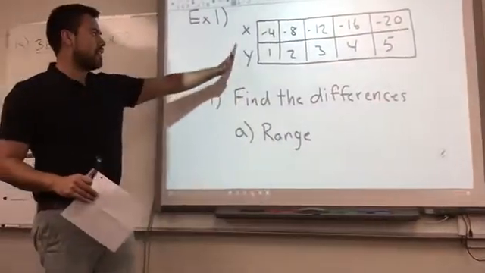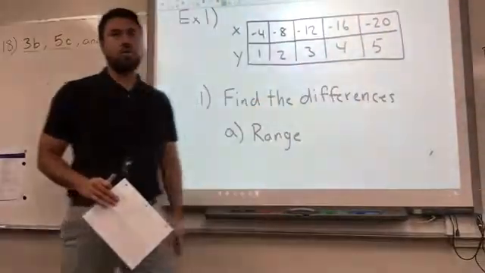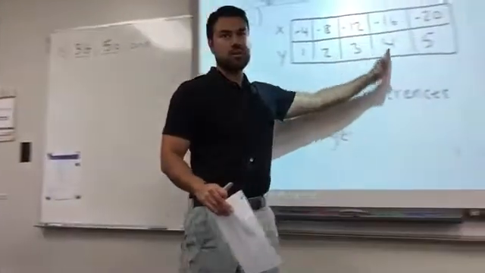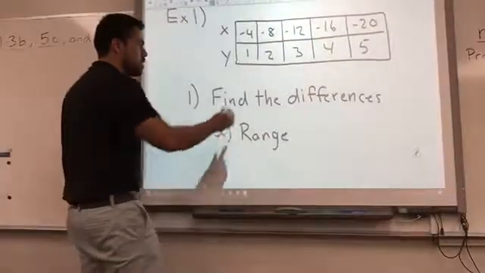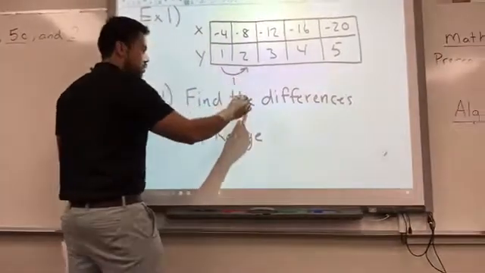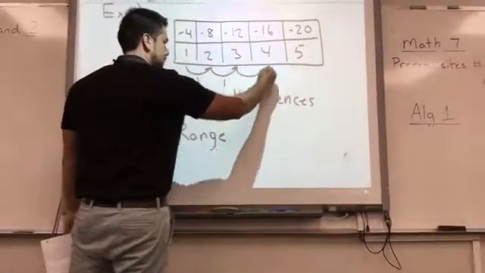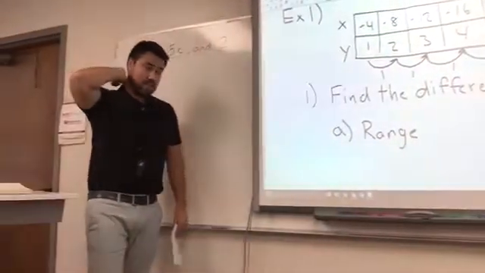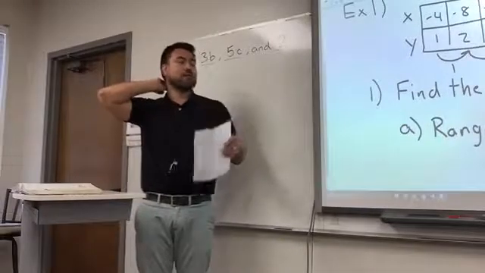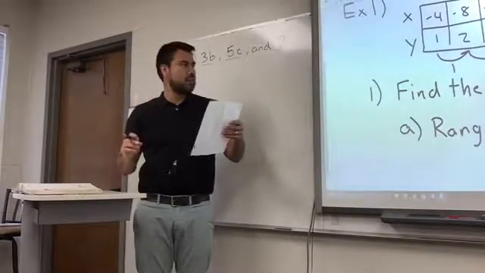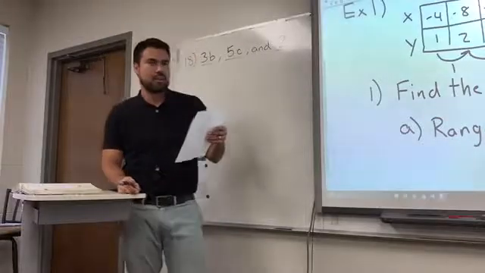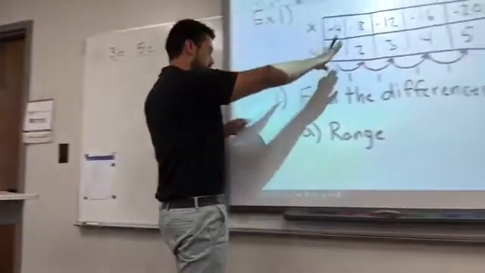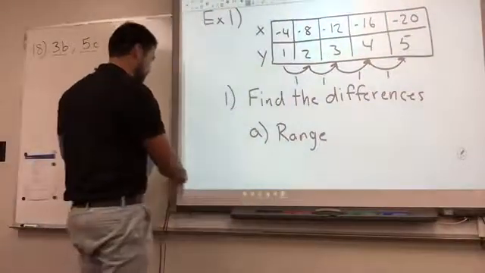All right, Jack, looking at this bottom set of y coordinates, or the range, what's the difference between each number? 1. So from here to here, difference of 1. And go ahead and draw this on your chart because this is going to help you. Now, how did I find that difference? I want to show it to you with subtraction, so you can kind of see it, because this is an easy one, thankfully, to start off with.